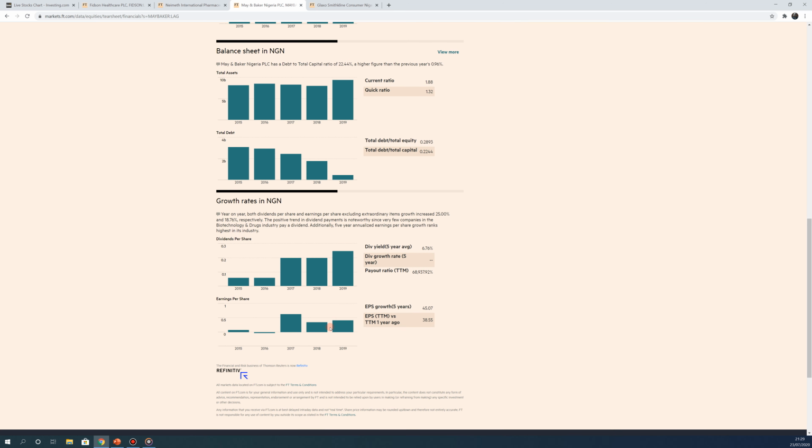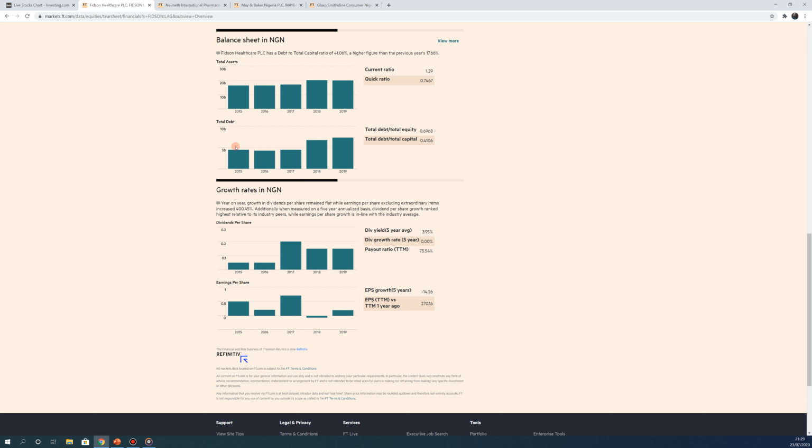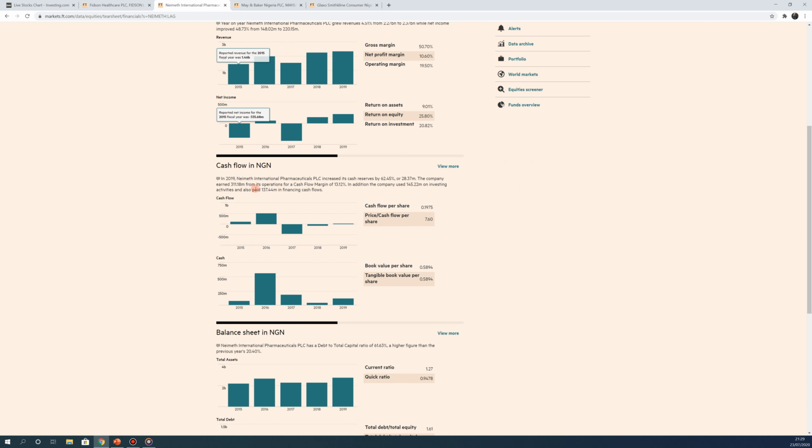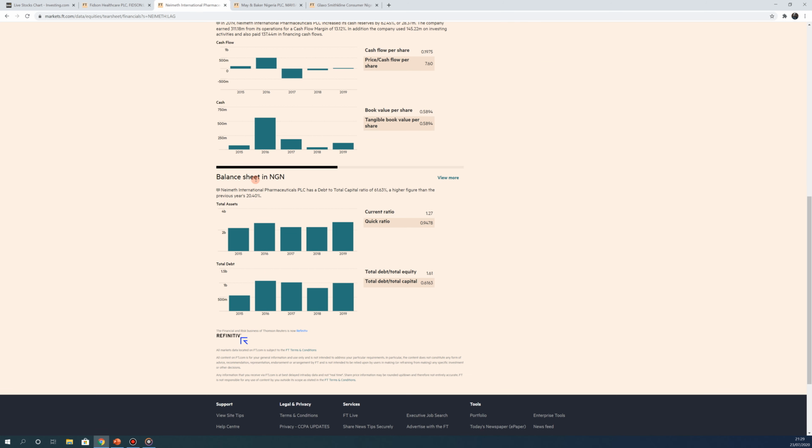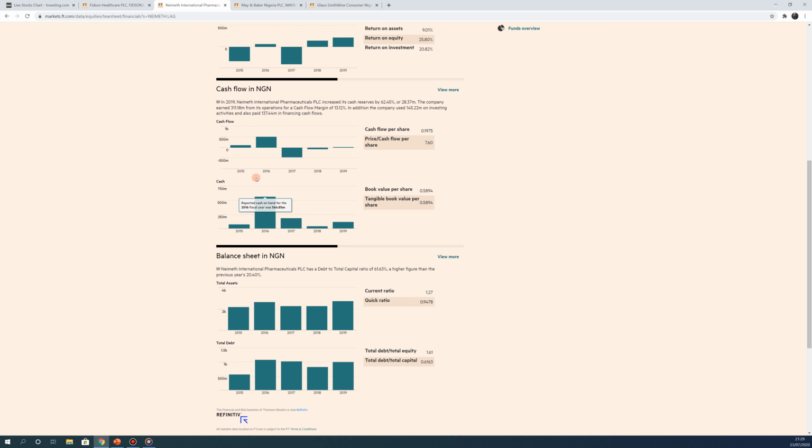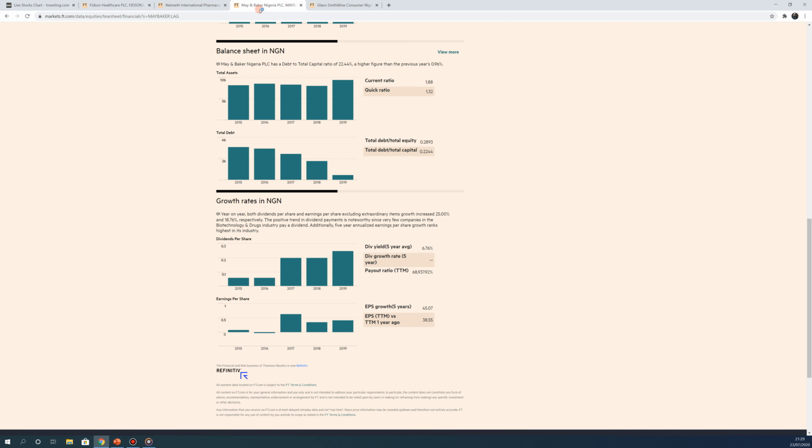Oh, they're giving dividends. Fantastic. Oh, sorry, I think Filson is giving dividends as well. So Limits is not. That's negative on the part of Limits, but Miambika and Filson are giving dividends.